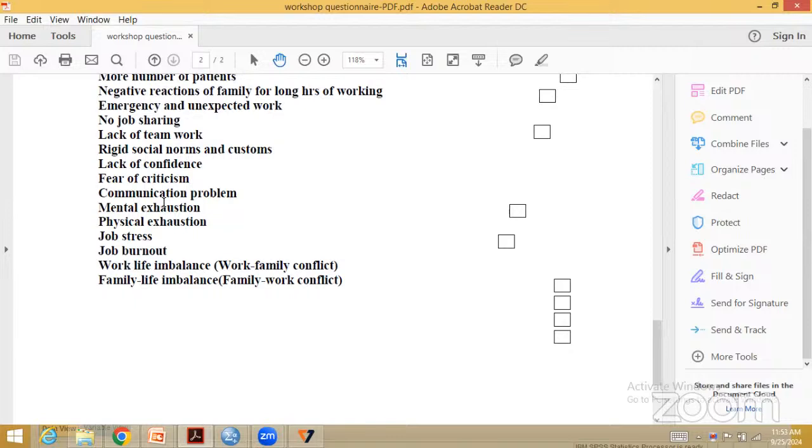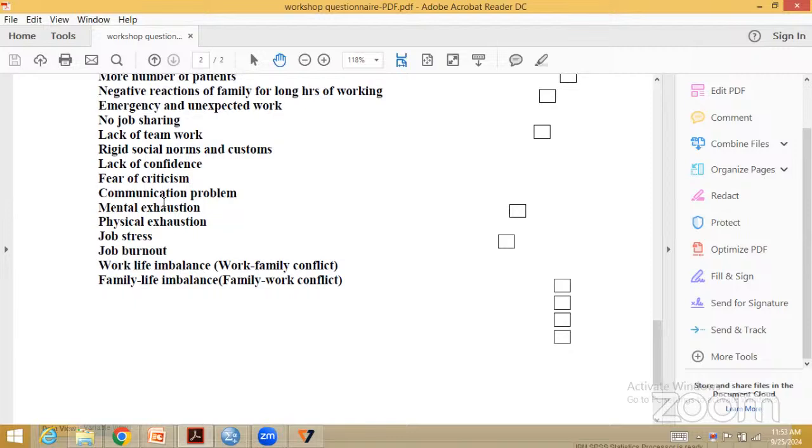There is a relationship between job stress and mental exhaustion. You remember one thing, these variables are qualitative variables, and such variables were measured by using an interval scale, not a nominal scale, not an ordinal ranking.